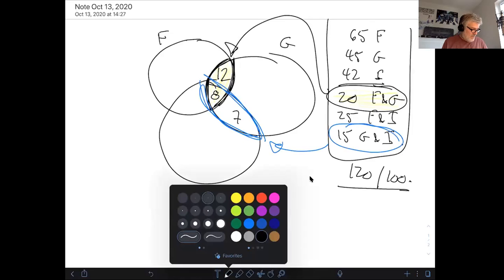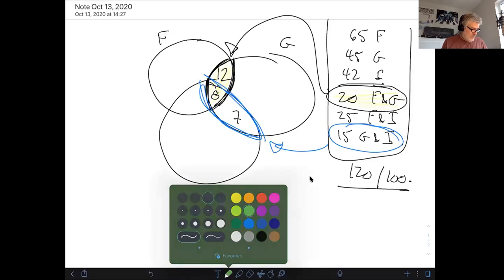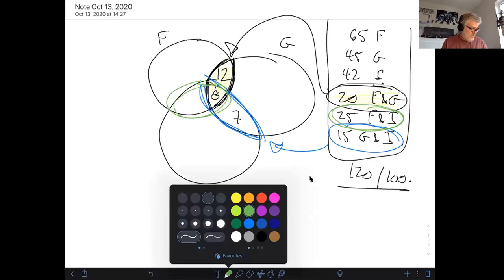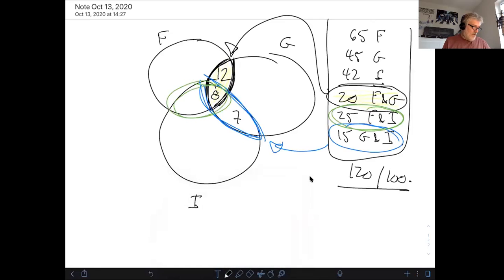And finally, let's use green. This part here, that's French and Italian. I've got 25, so that means I've got 17 here, right? So you have a total of 25 here, 20 here, 15 here, and the numbers are correct.